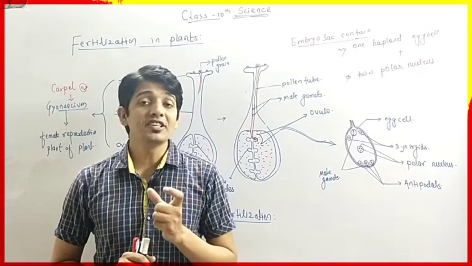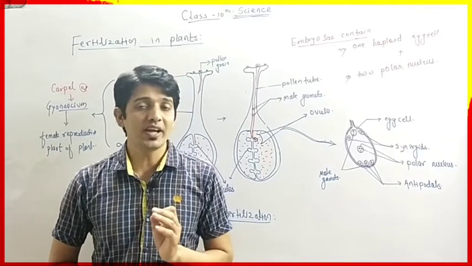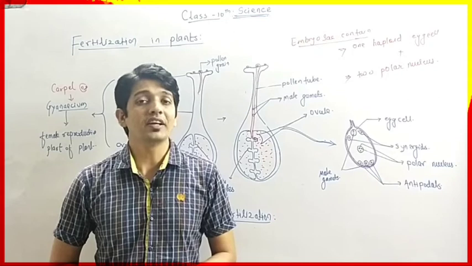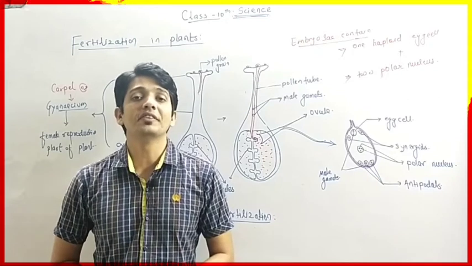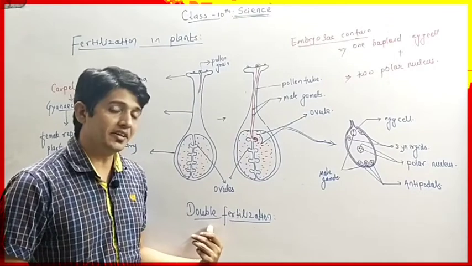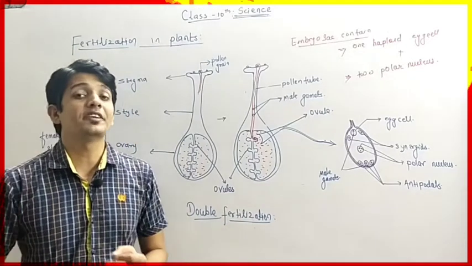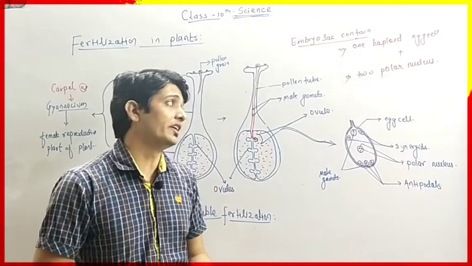So in plant there are two fertilizations that take place. That's why the fertilization in plant is also called double fertilization. That's why we have given the heading here, double fertilization. So let's understand the fertilization process in plant in detail.